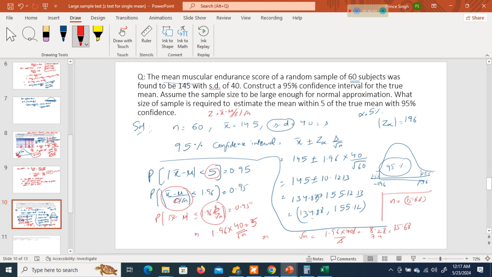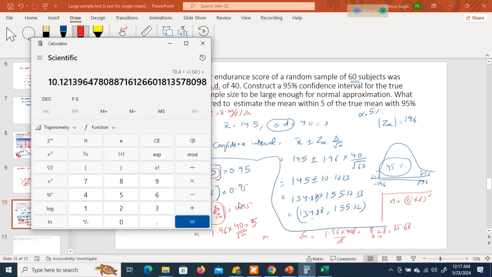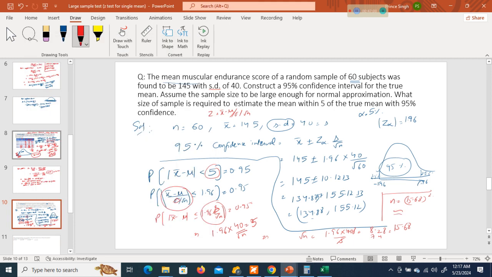It is 15.68 squared. If I square this number, it is 245.86, approximately 246, because n should be an integral value. So the value of n is about 246.